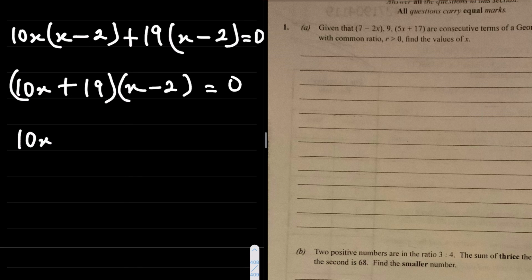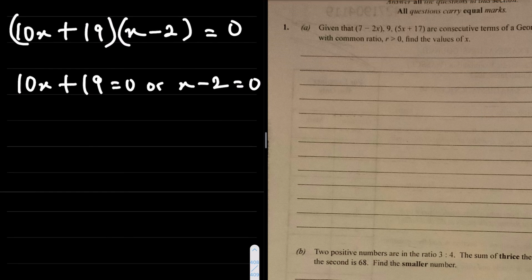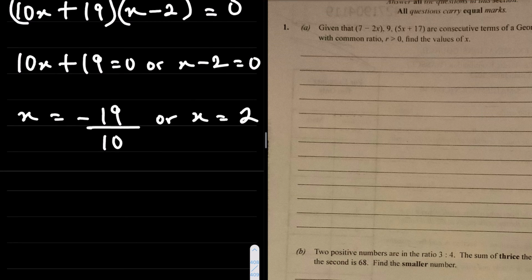And that simply means 10x plus 19 equals 0, or x minus 2 equals 0, which means x equals minus 19 over 10, or x equals 2. So those are the values of x simply.